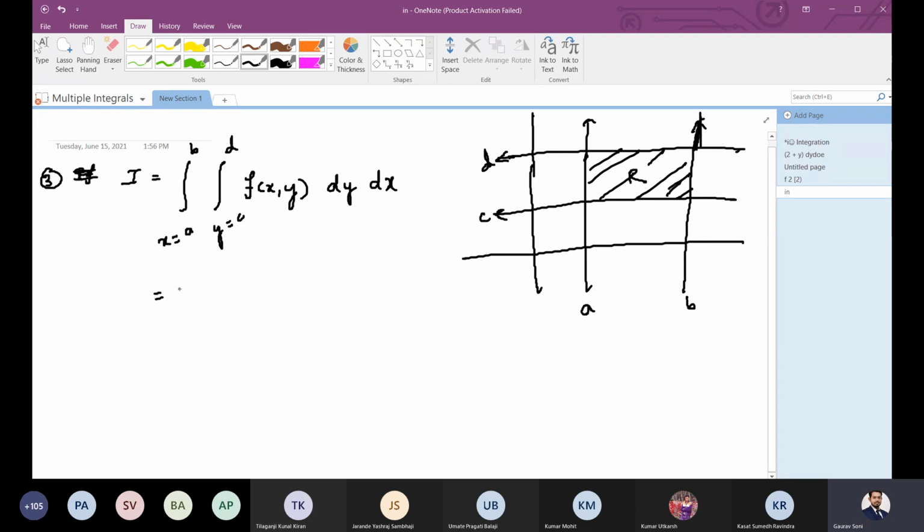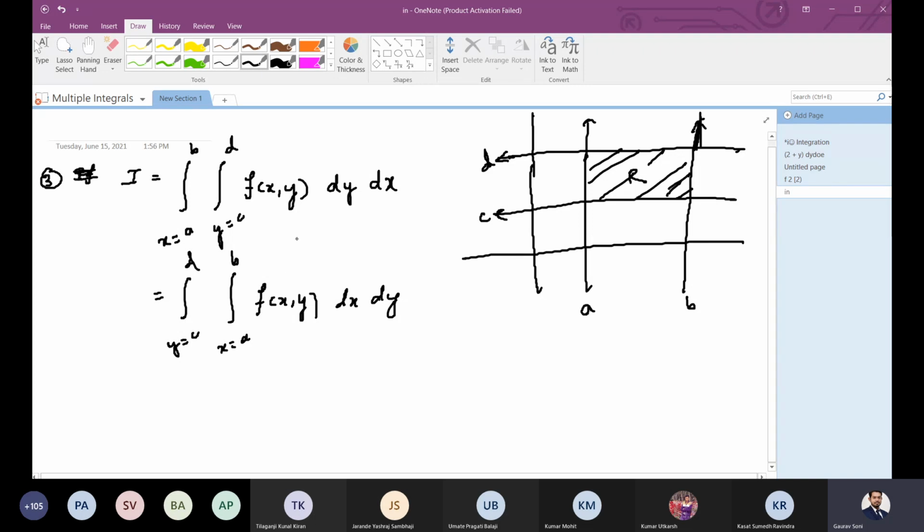This will also be the same with y from c to d, x running from a to b, f of x comma y, dx, dy. So if the limits are constant, the order doesn't matter. Even when limits are not constant, order doesn't matter. The final answer is going to be the same.